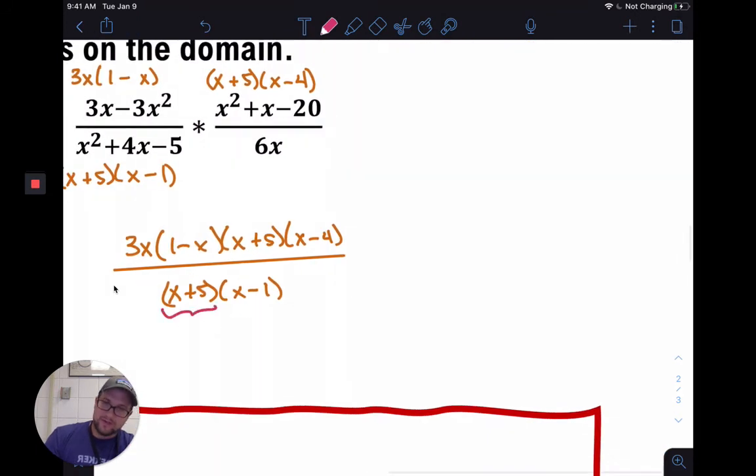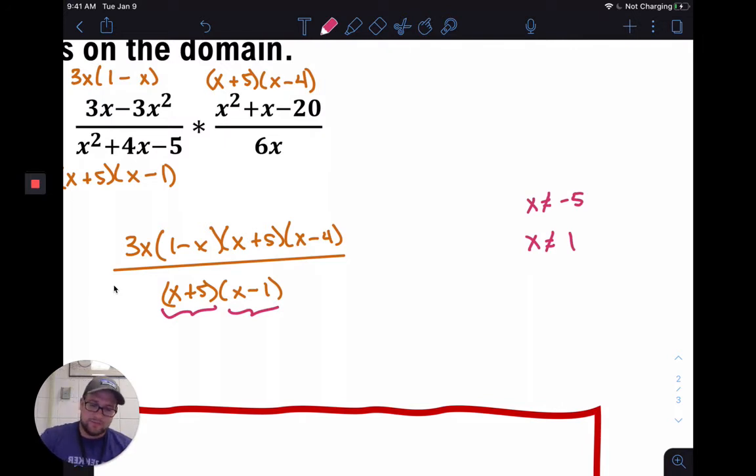Based on this, x cannot be equal to negative 5, because negative 5 plus 5 equals 0. Then on the bottom, if this term is 0, then 0 times whatever this term is will equal 0. That's a problem because we'll be dividing by 0, and that's not okay. Over here, the number that would make that term equal to 0 is 1. So we're going to make sure that never happens. x cannot be equal to 1.